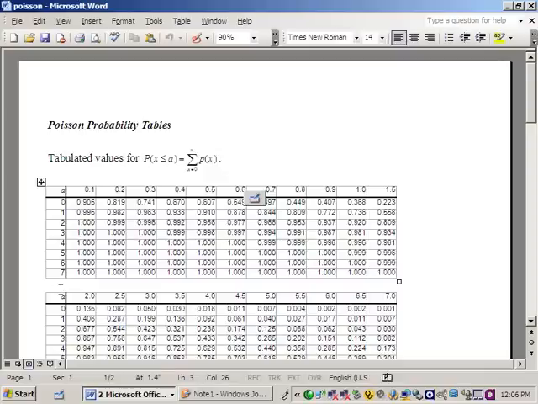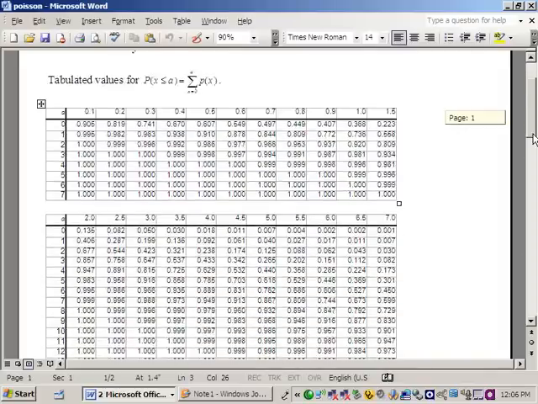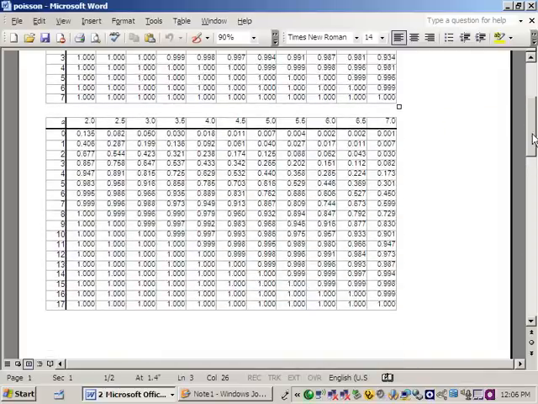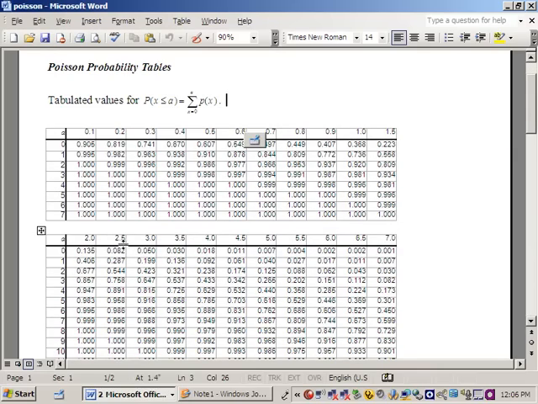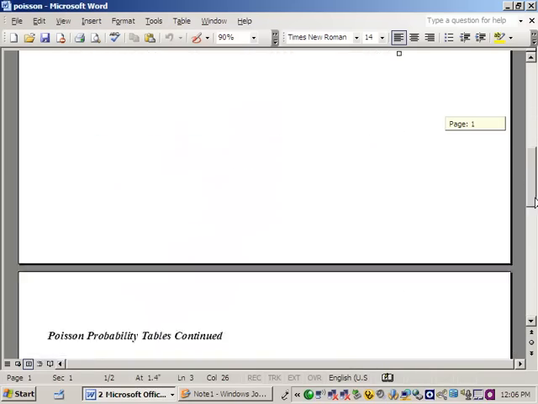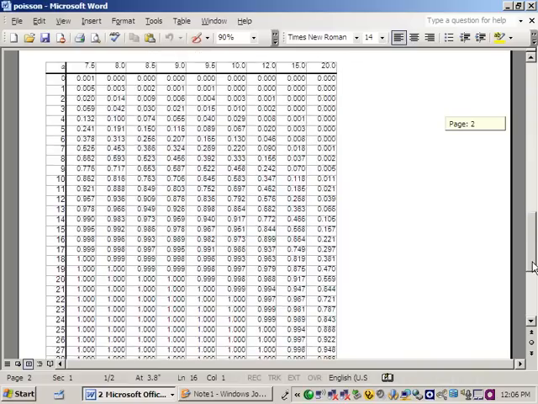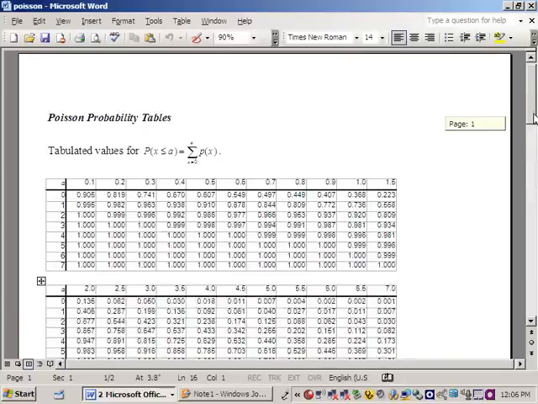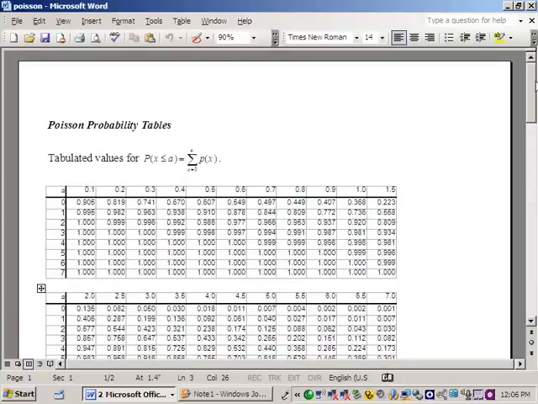Those numbers a are down the left-hand side. The values across the top, 0.1, 0.2, and so on, scroll over: the top one stops at 1.5, then goes 2, 2.5, 3, up to 7, and then it keeps scrolling from 7.5 through 20, and then it stops. Those are averages, the average number of occurrences for a particular time period.